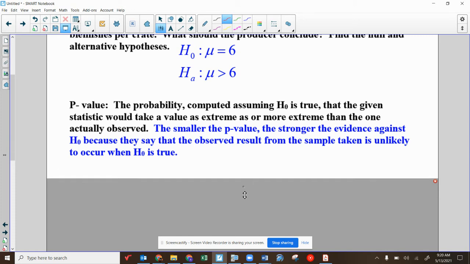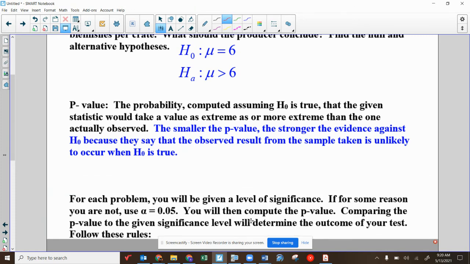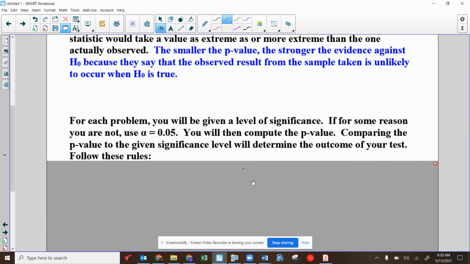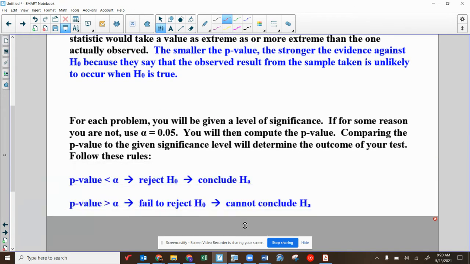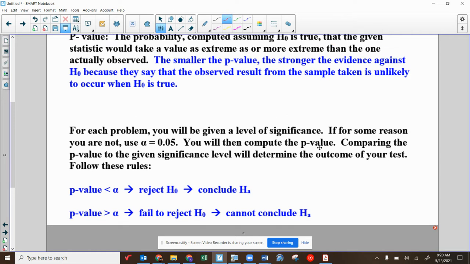To do that, we're going to use something called a p-value, which we'll be doing in the next section, but I'll bring it up here very quickly. You determine a probability value, and there are formulas for doing that, but we're going to have the calculator do that. You're going to be given a level of significance.